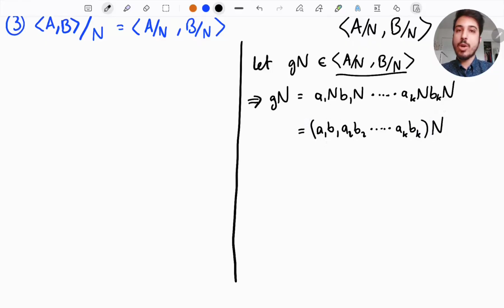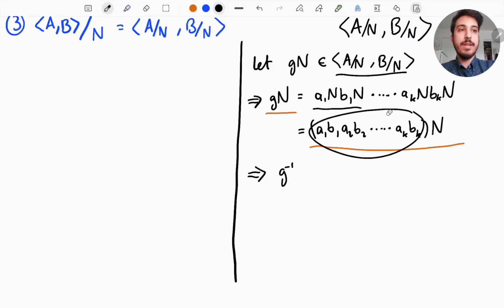What I did here is simply coset multiplication: a1N b1N is equal to a1b1N, and I just combined all of the elements of A and B together. So now I have that this coset is equal to that coset. And by definition of coset equality, this gives me that g inverse times all of that is an element in N.